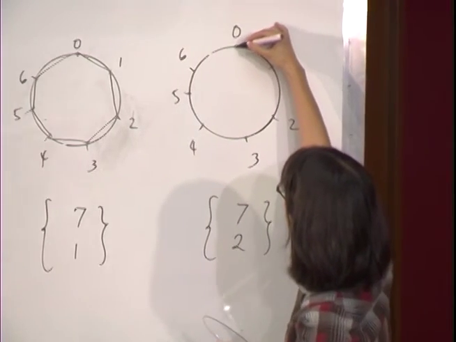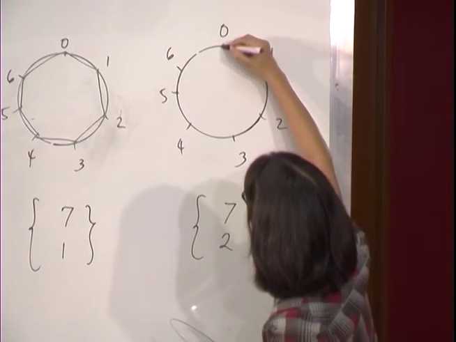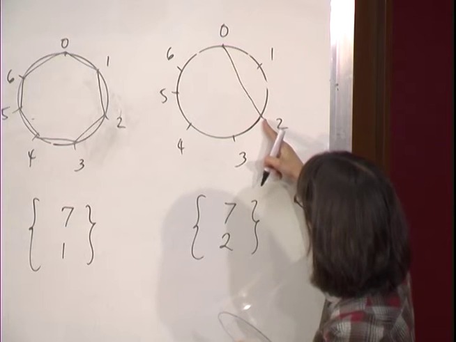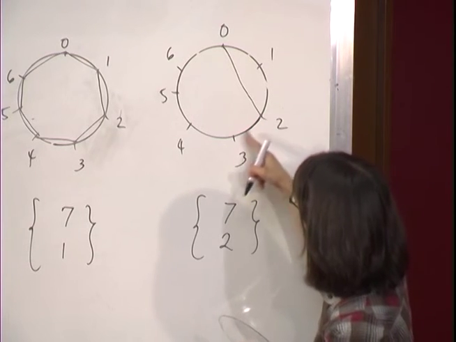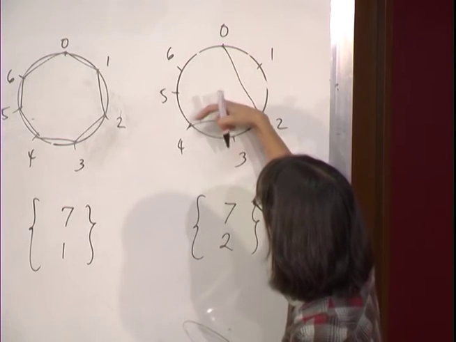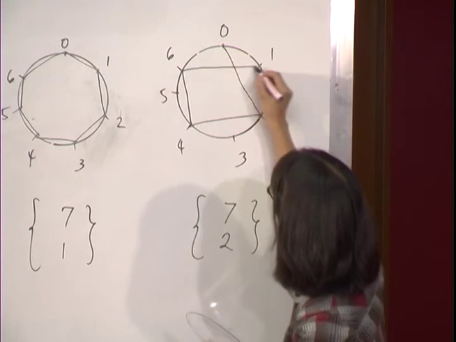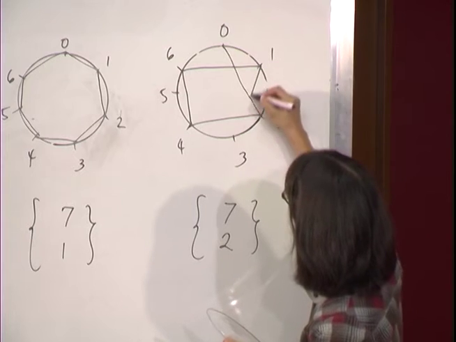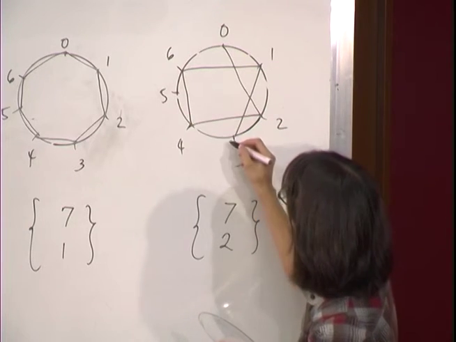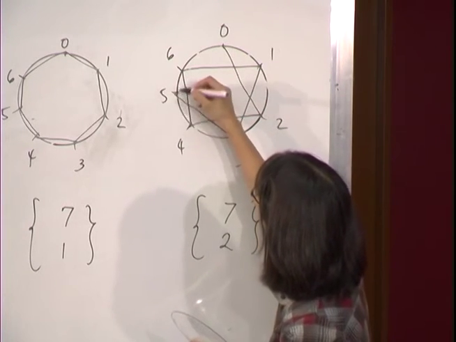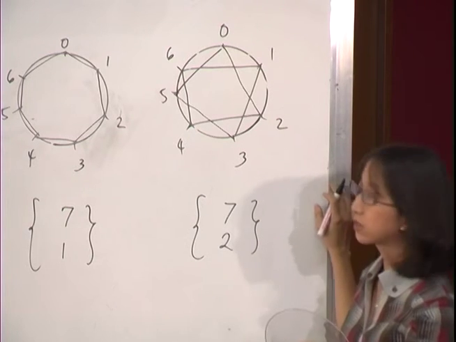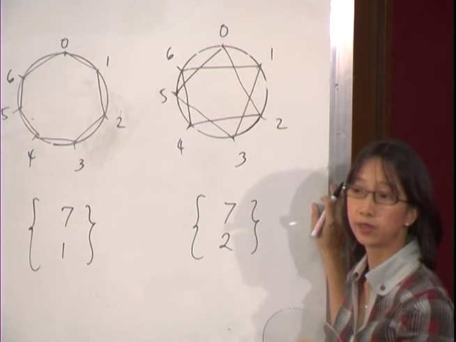So if I start with 0, I'll just count 1, 2, connect. Here, I'll count 1, 2, connect. Count 1, 2, connect. 1, 2, connect. So this will be our graph for 7, 2.